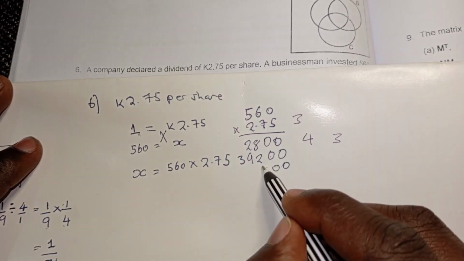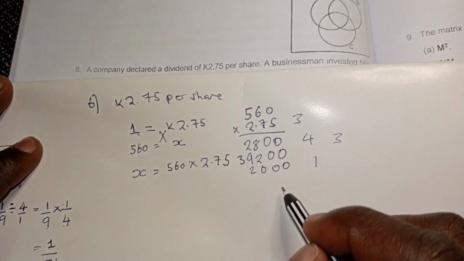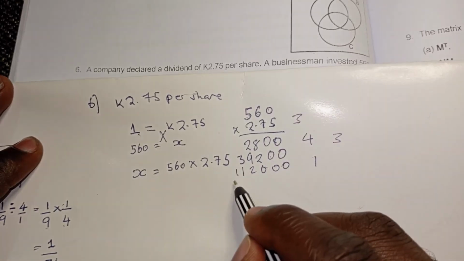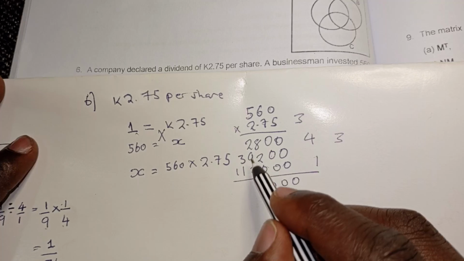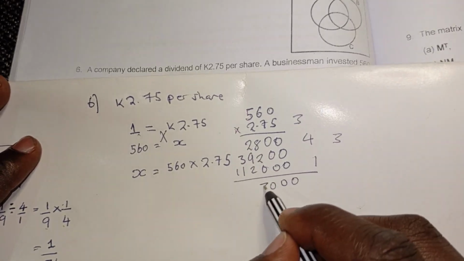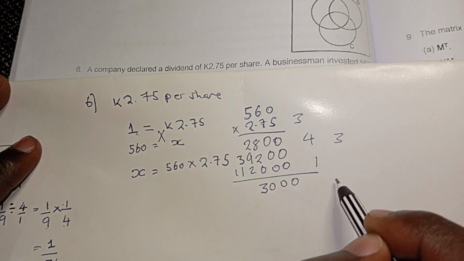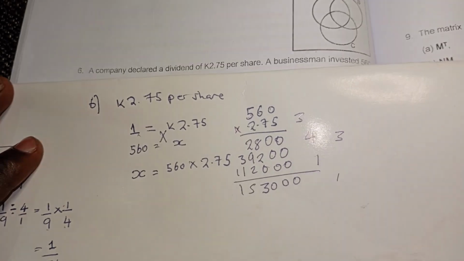This time times this one, 0, that will be 12, carry 1, that will be 10, 11. Okay, so we have this. Then we add 0, 0, 0, 9, 10, 11, 12, 13. So that will be 3, carry 1. We have 3, 4, 5, 5. Okay, so we get this.